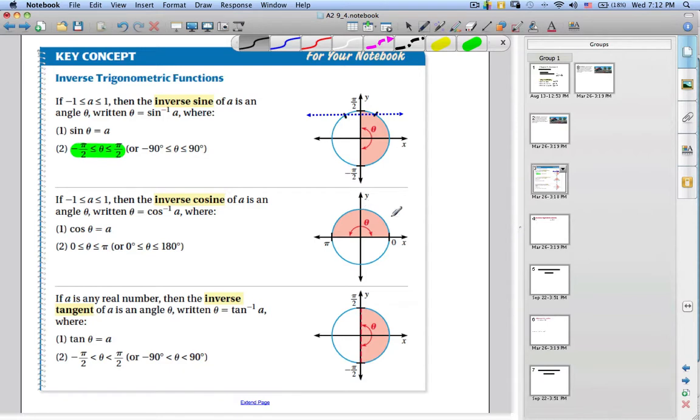And it's the same with cosine. If I put a vertical line through here, through quadrants 1 and 4, because cosine is related to x, each of these points here have the same x coordinate.